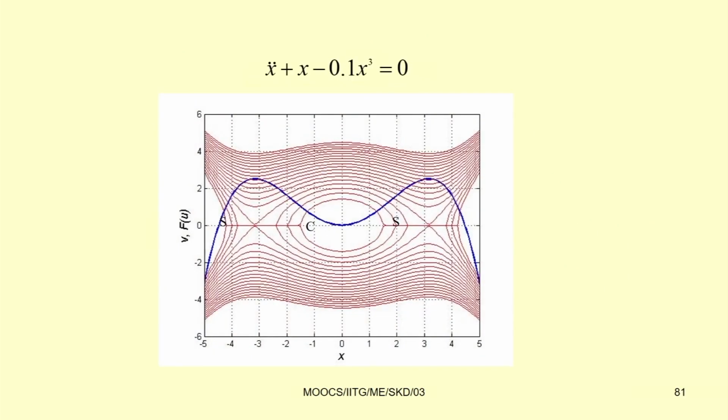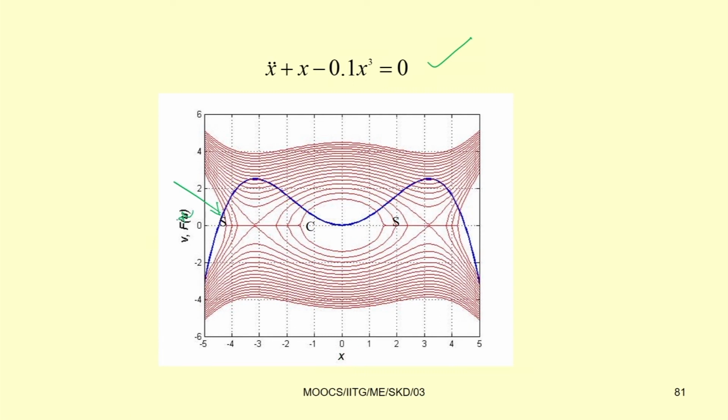So, for example, if you take this equation, this curve shows the variation of F(u) versus u, not x. Okay, so it is written in terms of x. So, then it will be x, and instead of F(u) this will be F(x).